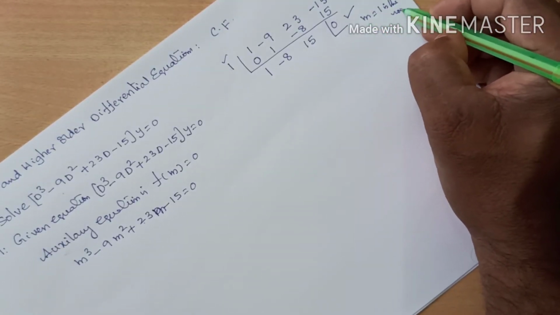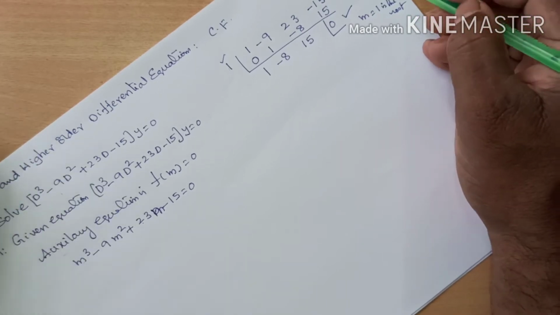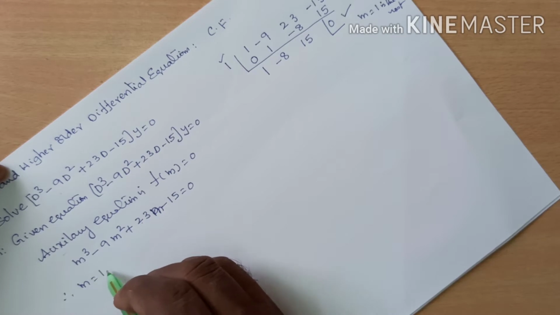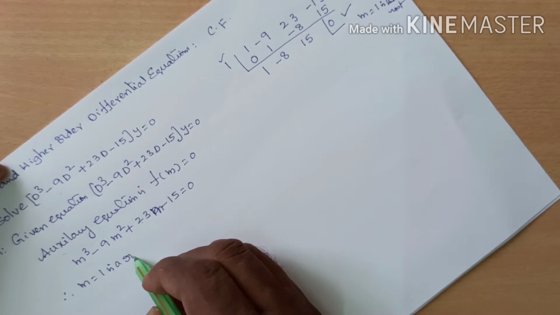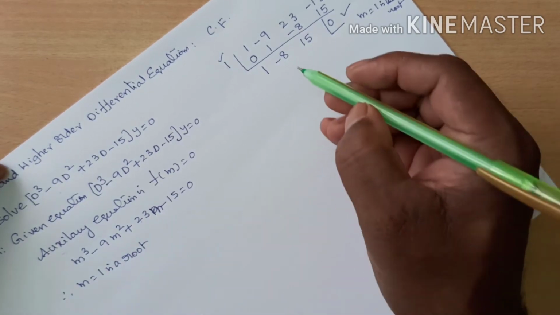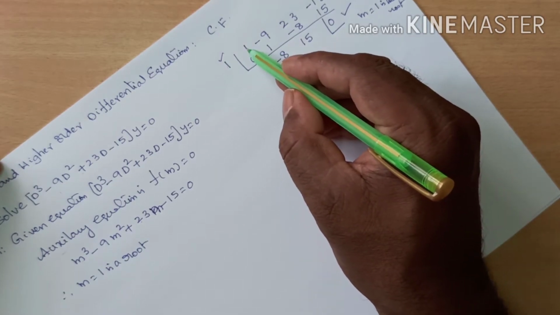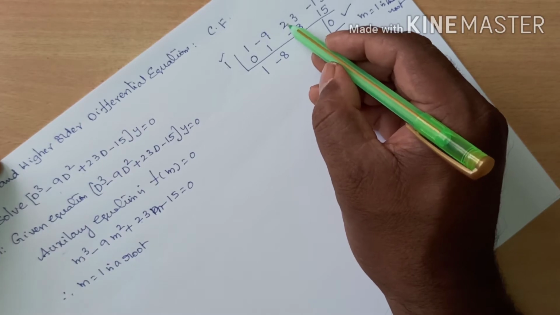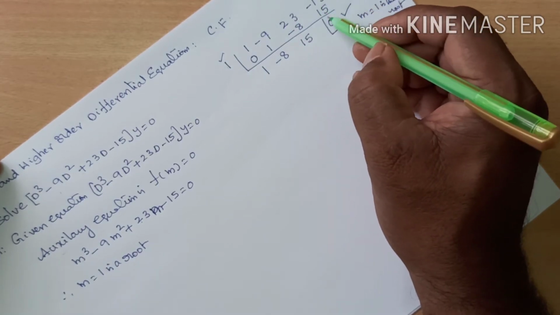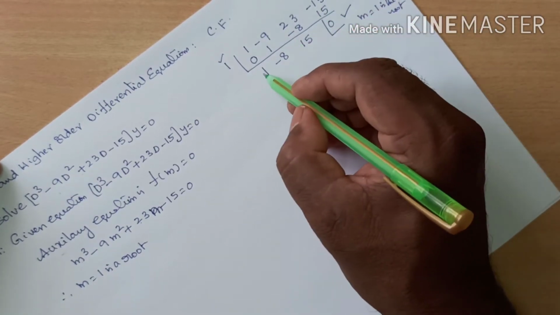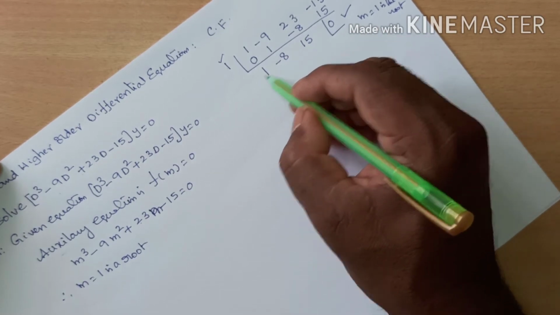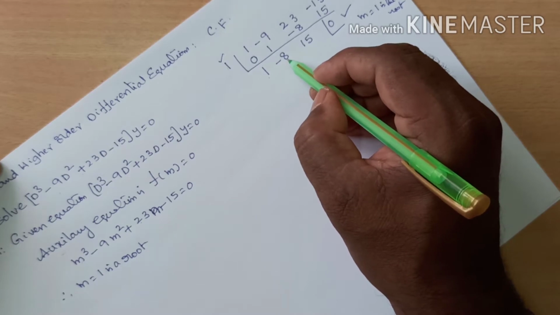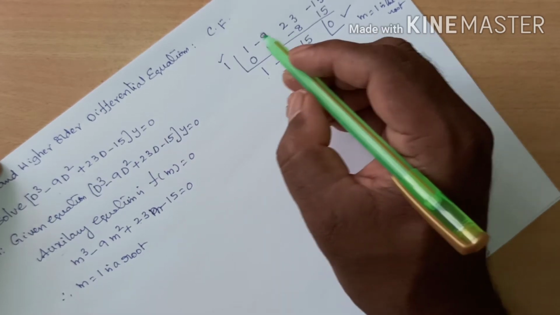Therefore, first you can write m equal to 1 is a root. After getting 0, the remaining coefficients become the m^2 coefficient, the m coefficient and the constant.